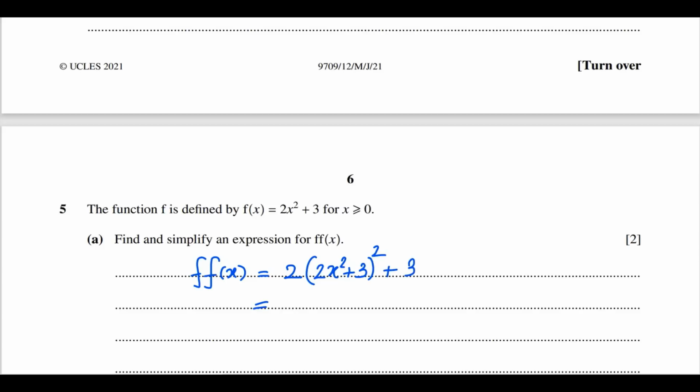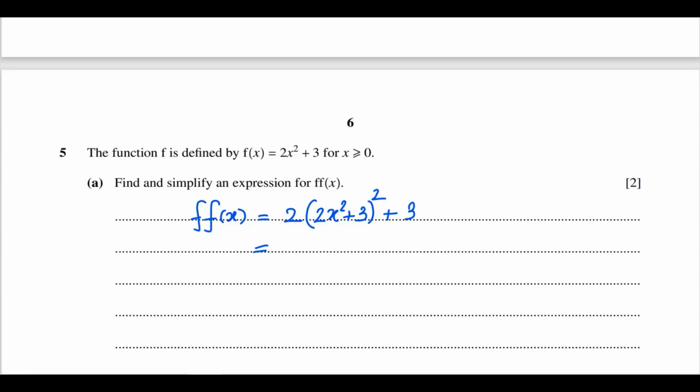Okay. Now we have to expand this one. 4x power 4 plus 9 plus 12x square, plus 3.